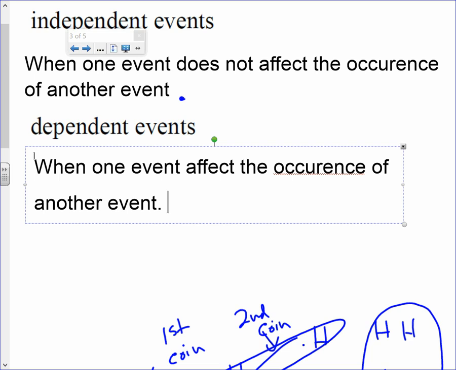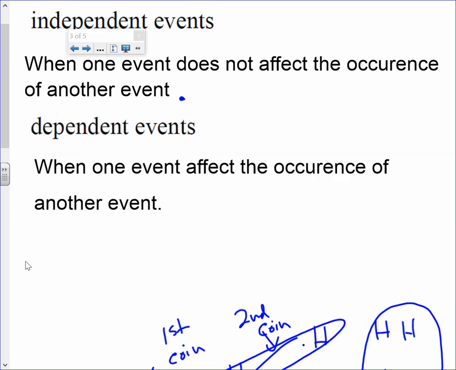When one event affects the occurrence of another event. So on the independent events, just put EX for an example, just to remind yourself for the test tomorrow.